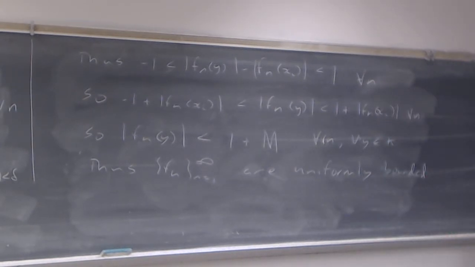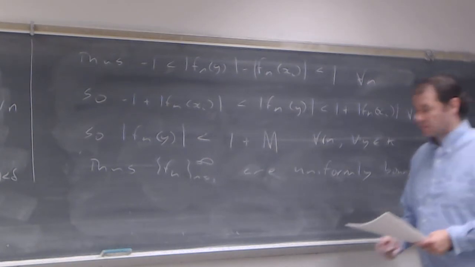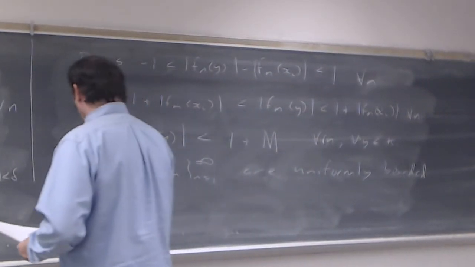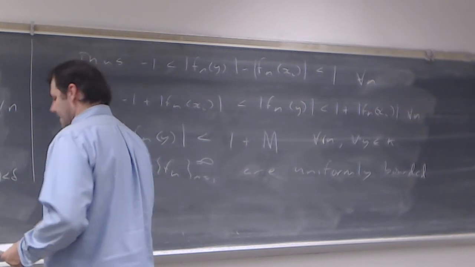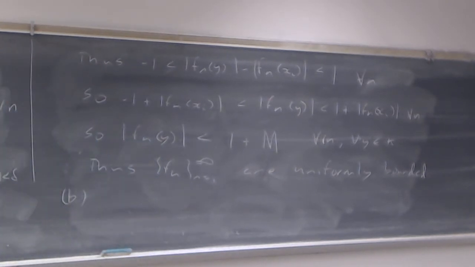This is a statement and proof that I had mentioned I'd like for you to know for test 2. So let's become aware of that proof. Now, for part B, we're trying to create a subsequence of the f sub n which is uniformly convergent.